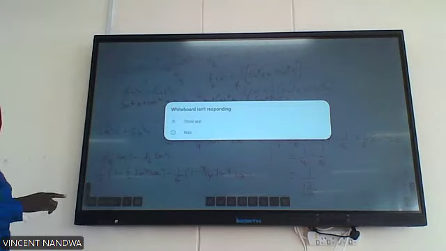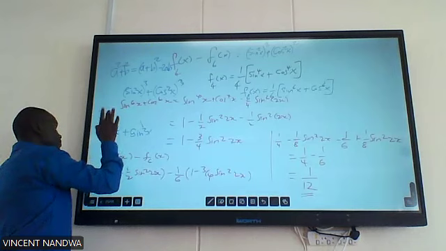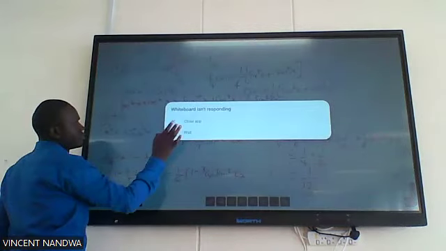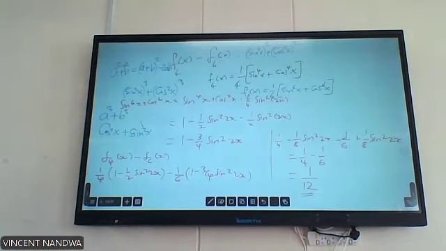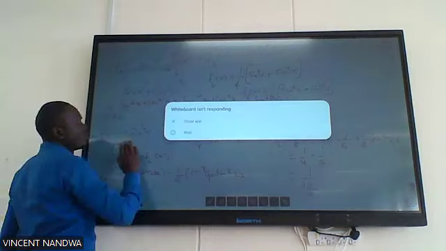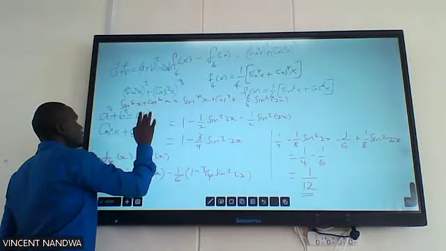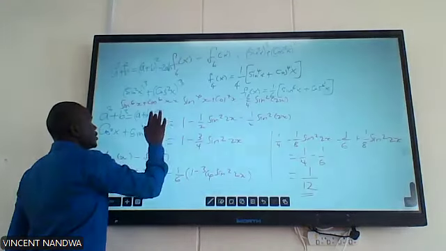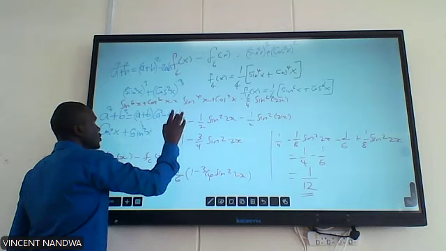So then that tells us this is an identity of this form, A cubed plus B cubed, whose factorization is A plus B times A squared minus AB plus B squared.